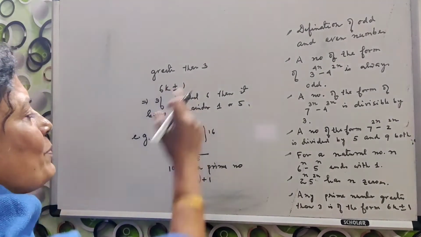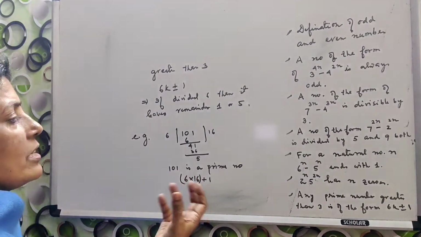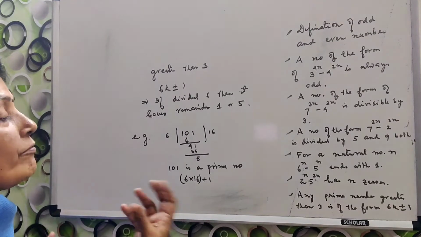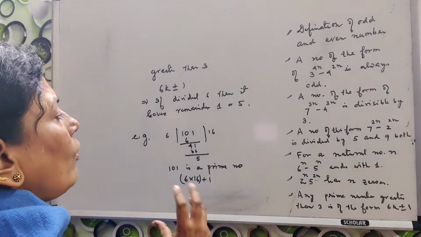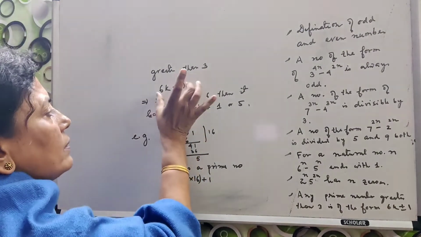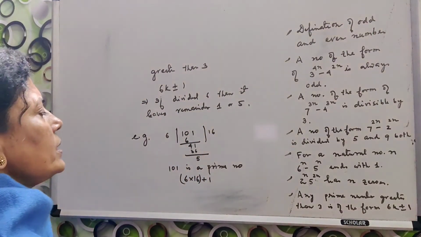So it is of the form 6k plus or minus 1. So a prime number can be defined this way. We can find out whether a given number is prime or composite by using this form, which is an application of Euclid's division lemma.